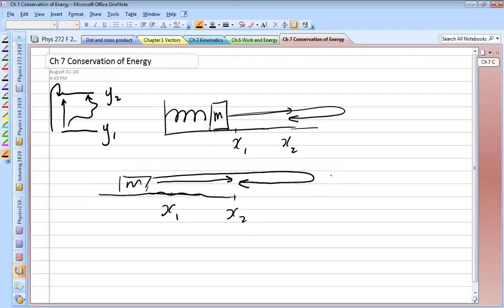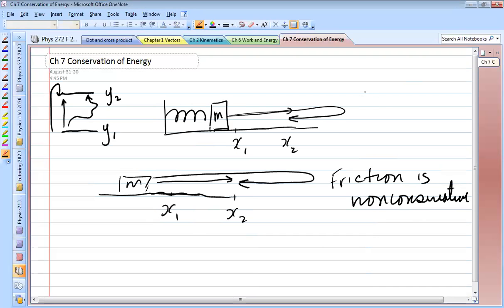So friction is not conservative, we call it non-conservative, whereas these two guys are conservative. Okay, so as long as we have a conservative force, we can define potential energy.